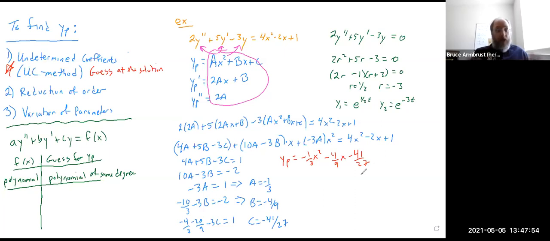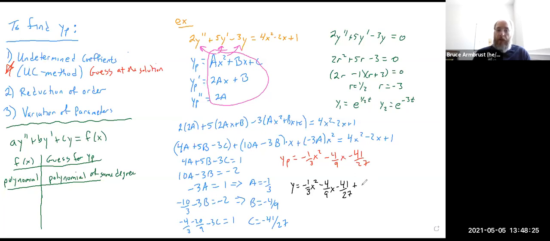Okay, so let's put this all together then to get the general solution to our differential equation. All right, so this is when we need the drum roll. So here's what y is going to look like. It's going to have that y particular, but then we have to run back up here to where we had our fundamental set.